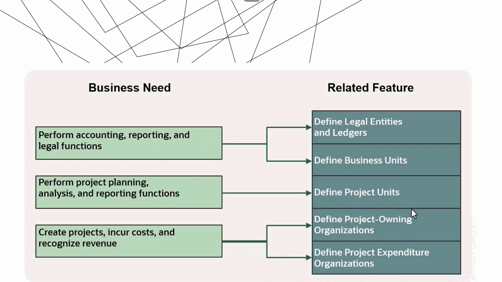And typically in an implementation where Financials Cloud and projects go hand in hand, like an organization opting for both Financials Cloud and PPM Cloud in Fusion, this primary core financial enterprise structure of legal entities, ledgers, and business units would have been decided one way or the other by the Financials Cloud implementation team.